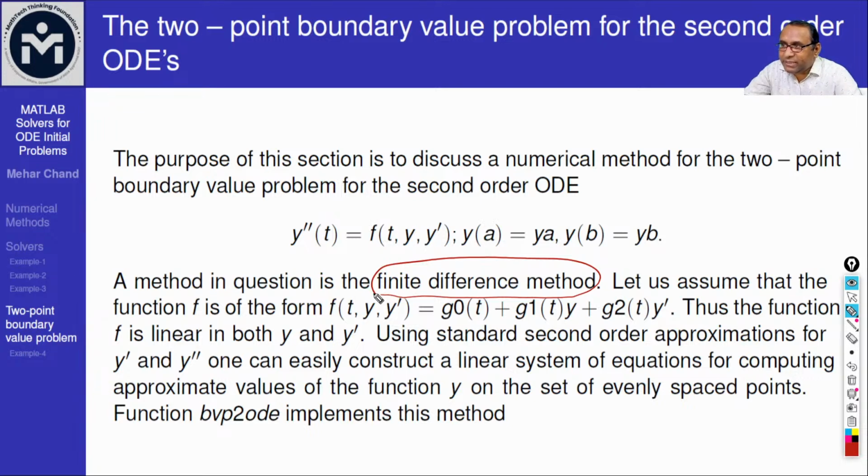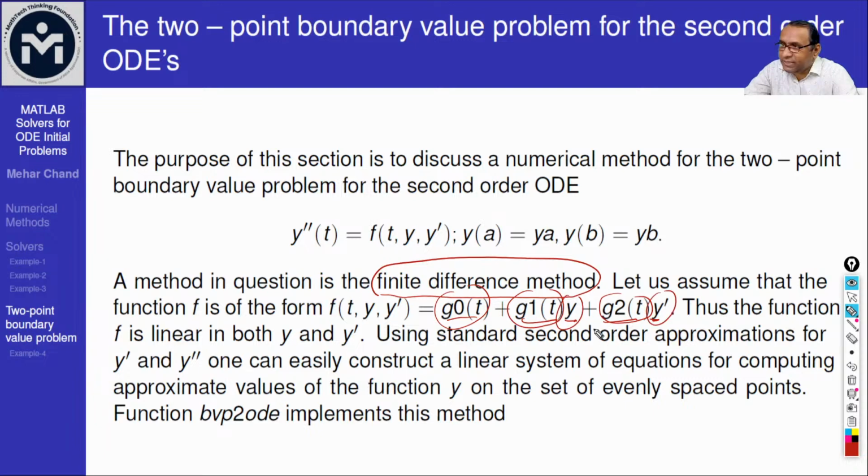Okay, so for that we assume that f is a function in this form, g0(t), g1(t) and g2(t), with y and y dash. Here is y and here is y1, then this is g1(t) and this is g2(t), but here y and y dash are involved.